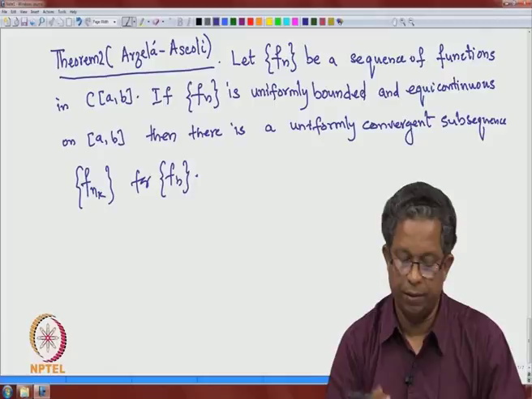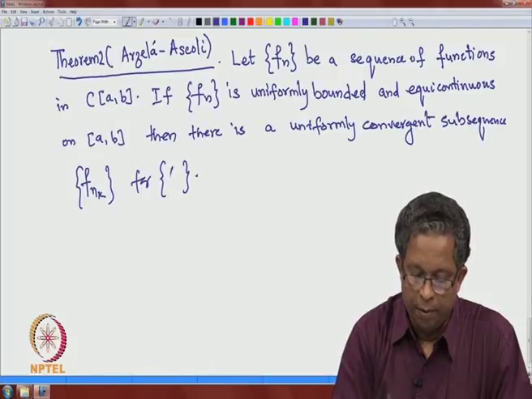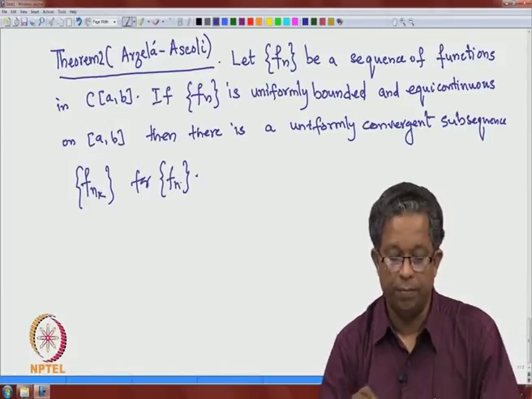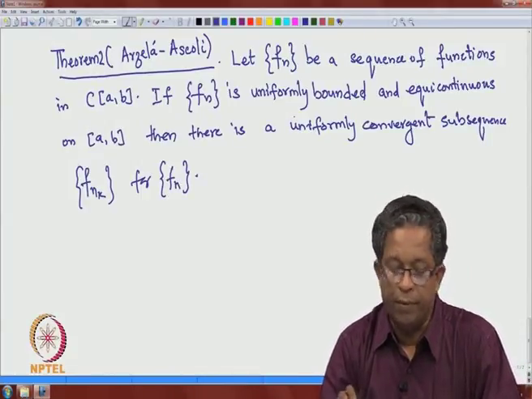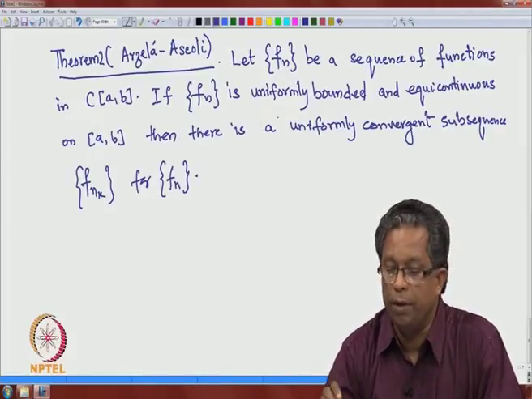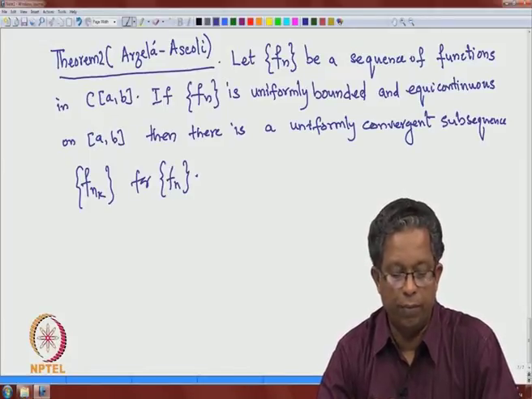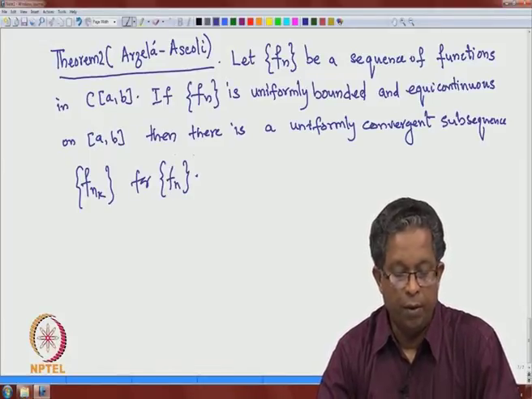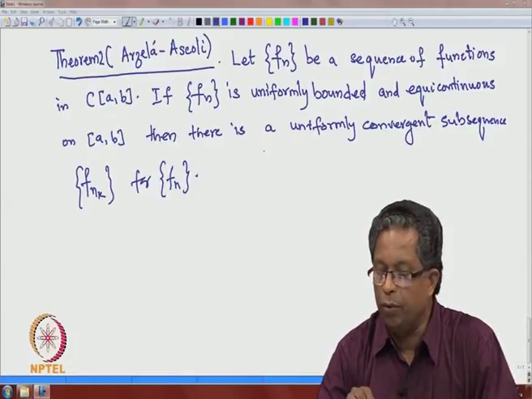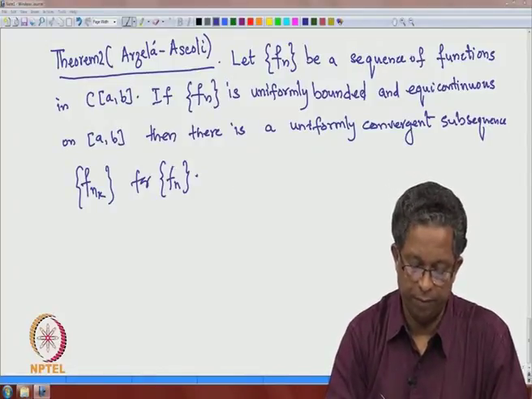If Fn is a sequence of functions from the space C[a,b], and if Fn is a uniformly bounded and equicontinuous set of functions on AB, then there is a uniformly convergent subsequence Fnk for the original sequence Fn.